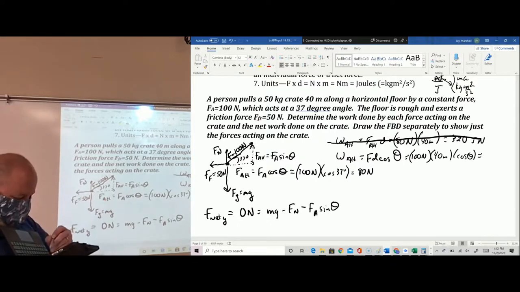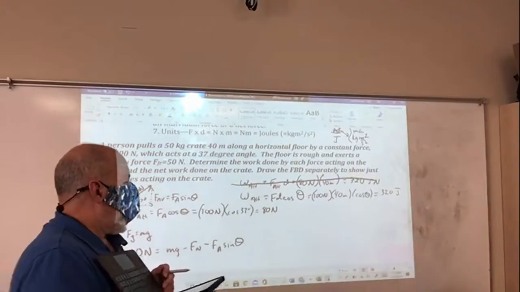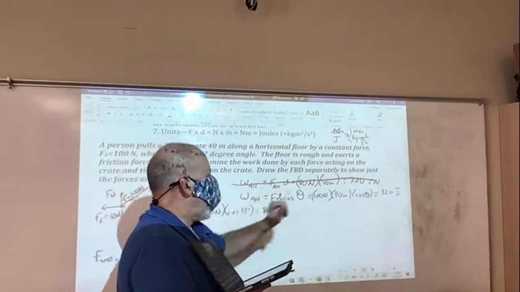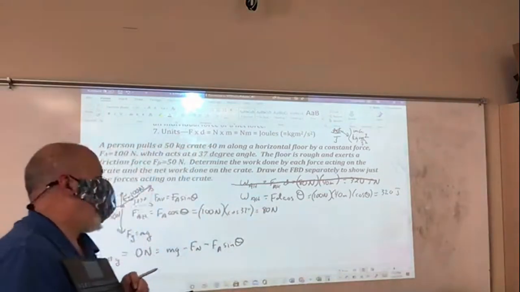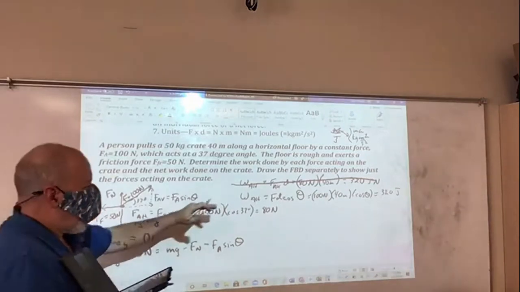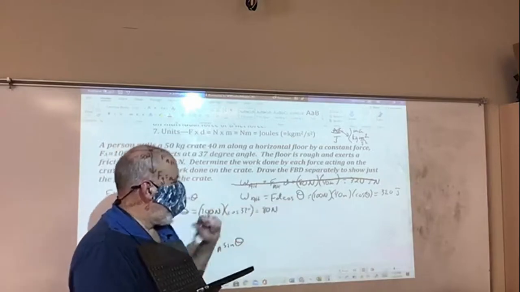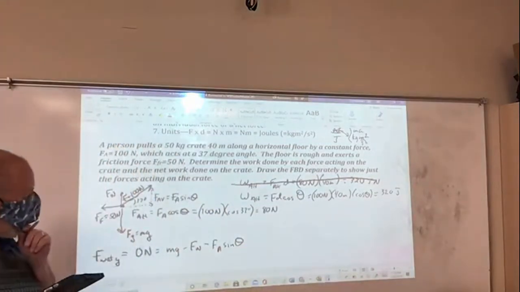I get 320 joules. So it's important to know that when we're thinking about this, we're always going to be using this formula.